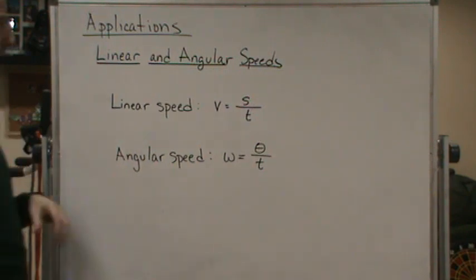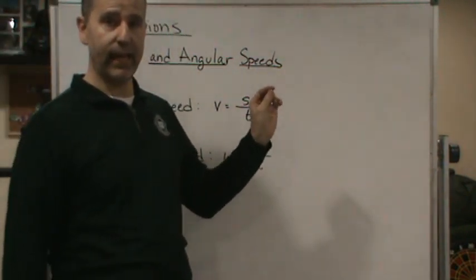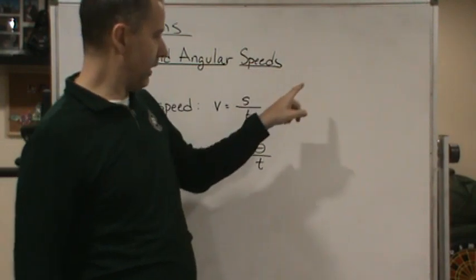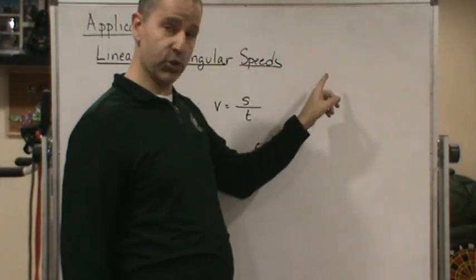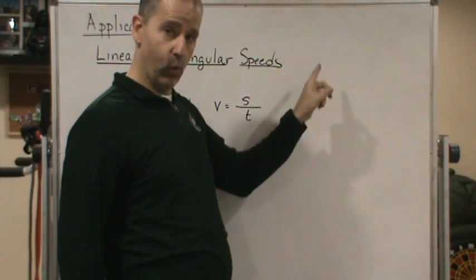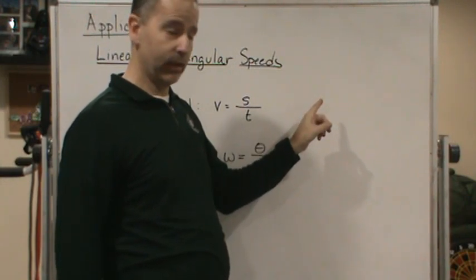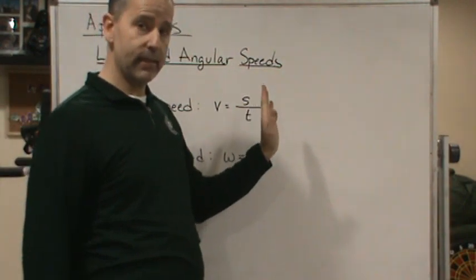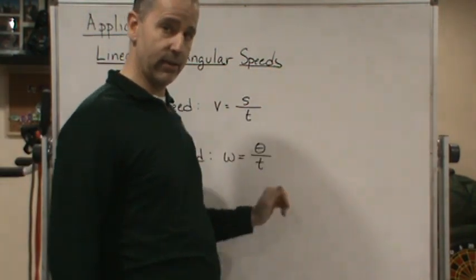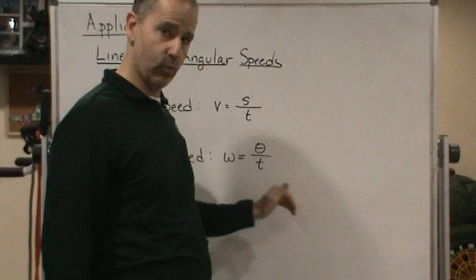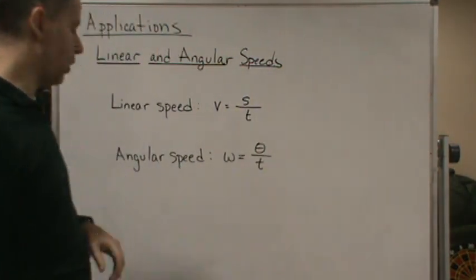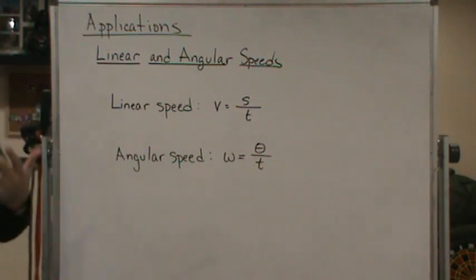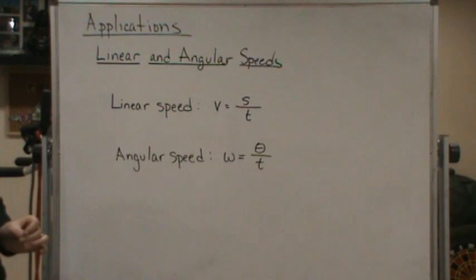In other words, think of a spot you mark with chalk on a line on a bicycle tire. That spot is moving around in a circle as the tire rotates. That's the idea when you're thinking of a particle moving along a circular path.